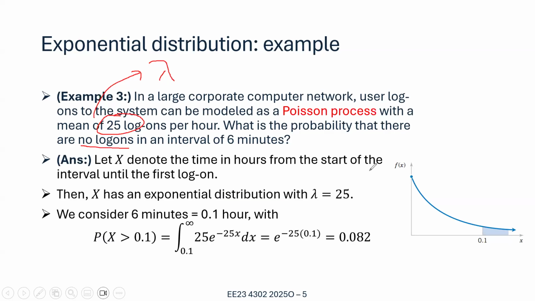So we can say that this is the exponential distribution because it is for continuous time. So 6 minutes here equals 0.1 hour, and lambda here is 25, and we consider 6 minutes, which becomes the limit of integration.